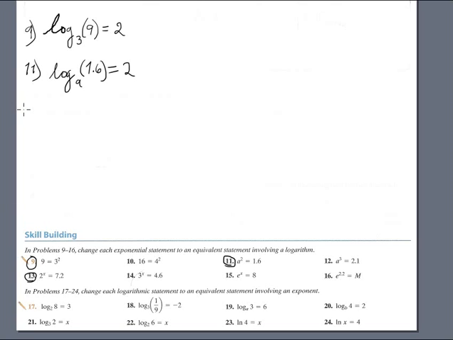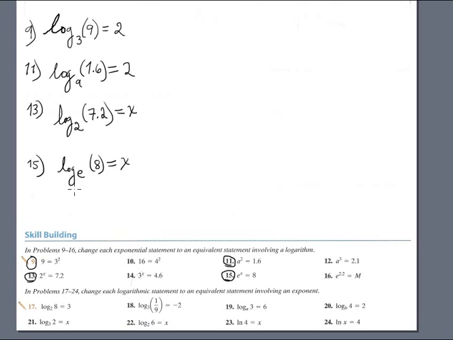13 is logarithm base 2 of 7.2, and it should be the exponent x. 15 is logarithm, and the base is e, of 8 is equal to x.